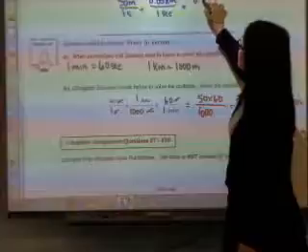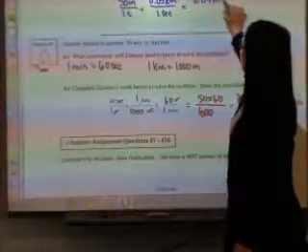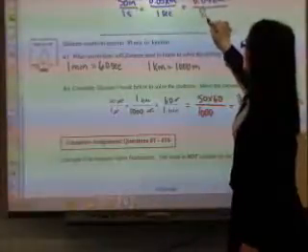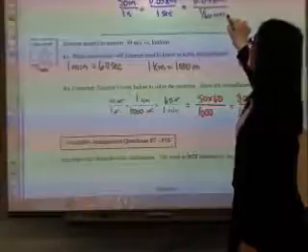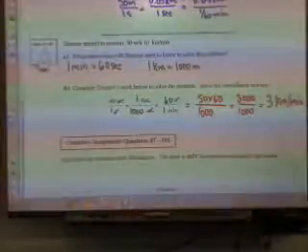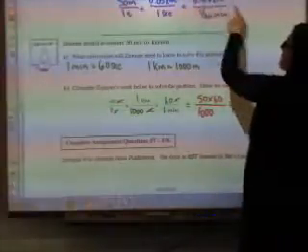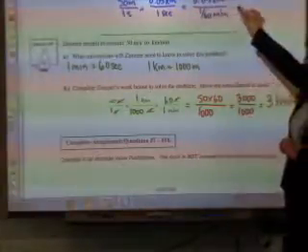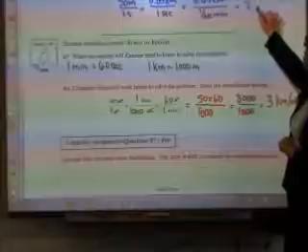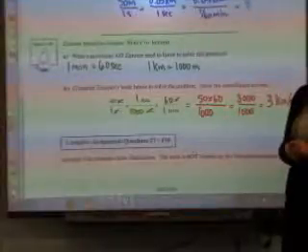And then 1 second is 1/60th of a minute. If I took my calculator and went 0.05 divided by 1/60th, I will get 3.